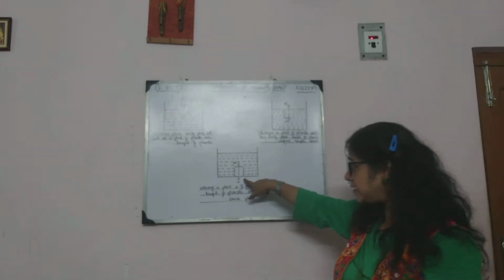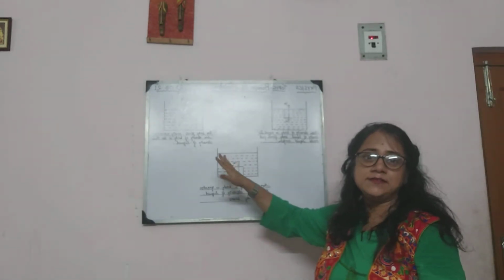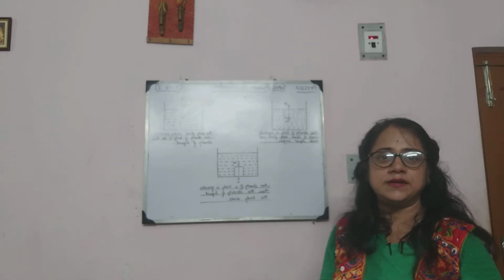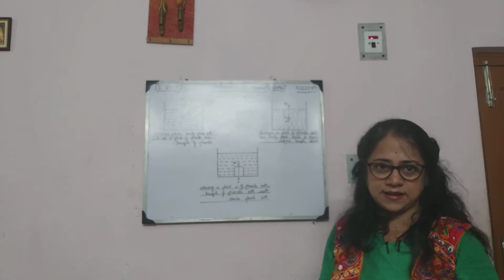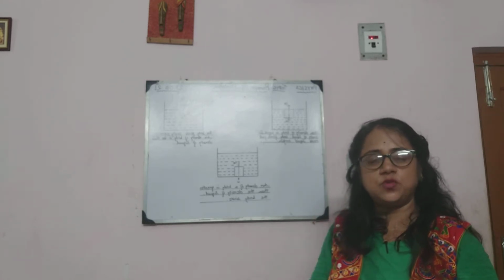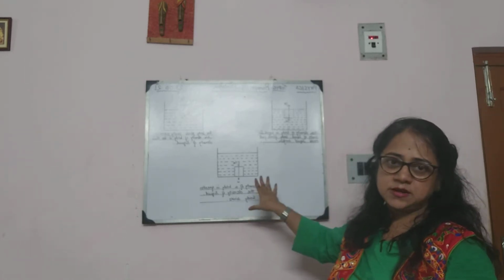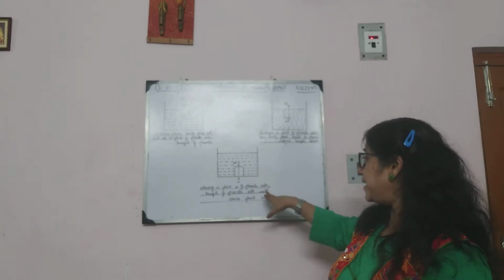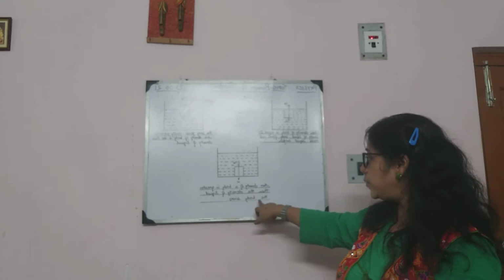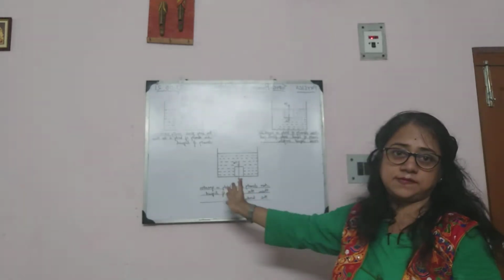The second diagram I have already explained: when an object entirely sinks inside the liquid, what is the case? The density of the object is much more than the density of the liquid, and when the density of a body is greater than the density of the liquid, the body sinks.